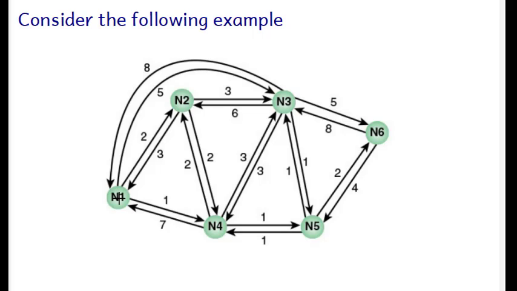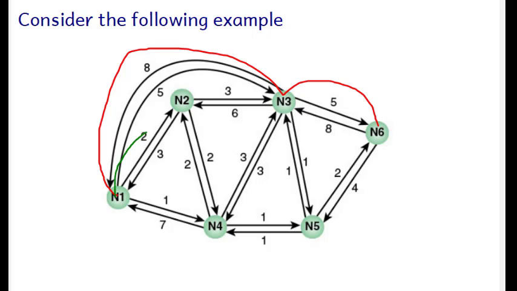Suppose we want to send the packet from N1 to N6. The minimum number of hops will be from N1 to N3 and N3 to N6. Here we see there are only 2 hops. But if we consider the cost, I'll draw with another pen.